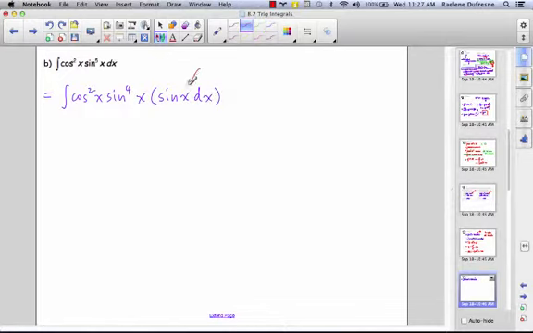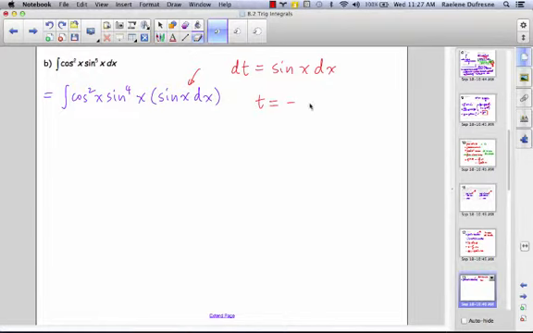So that suggests that we are going to have dt equal to sine x dx, which really suggests that we're letting t equal to cosine x or negative cosine x. Well, if we let t equal cosine x, then dt is negative sine x dx, or sine x dx is negative dt. So we just adjust for the negative sign later on. But this is a very good indication of how we are going to proceed.